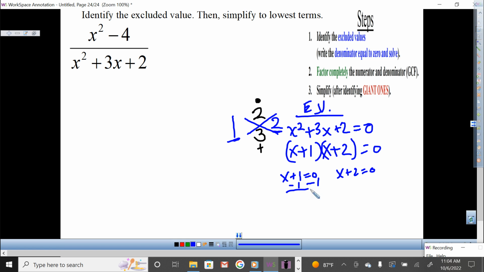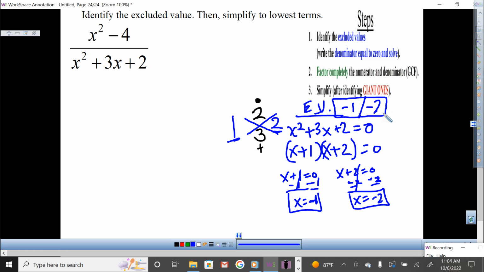Minus 1 minus 1, x equals negative 1, minus 2 minus 2, x equals negative 2. Now we have two excluded values again: negative 1 and negative 2. All right. So we're done with excluded value.